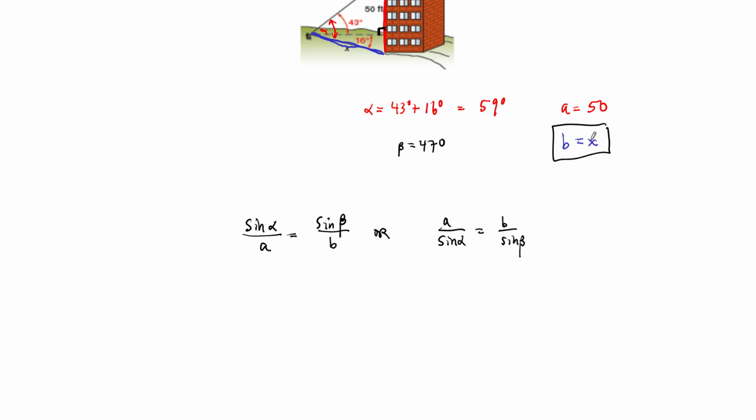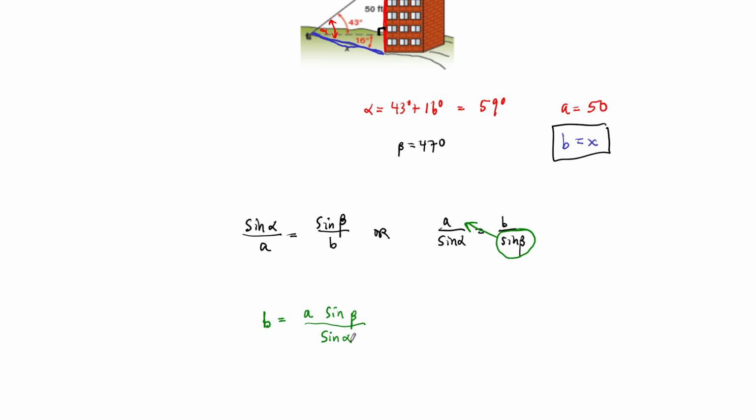All right, and if we want to solve for b, we can do it before we do anything else, right? We can just cross multiply, sine of beta to the other side, and that will isolate b. So now we have that b is equal to A times the sine of beta divided by the sine of alpha.